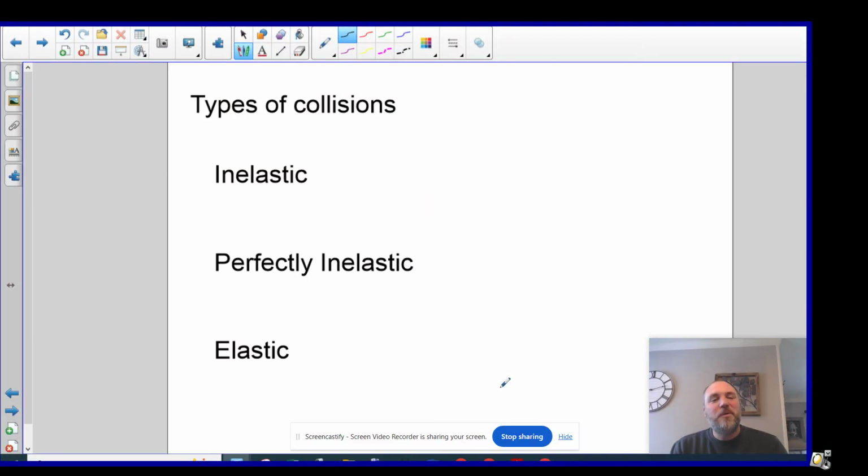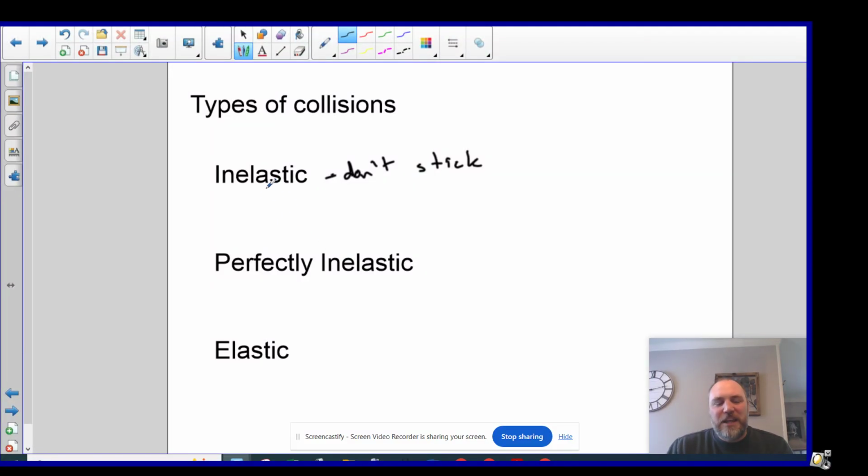Okay. We also know that the name of a collision tells us a lot about what's happening with that collision. For example, in an inelastic collision, the objects don't stick together. So this really is the majority of collisions. The objects don't end up as one, so you have to track them separately after the collision.